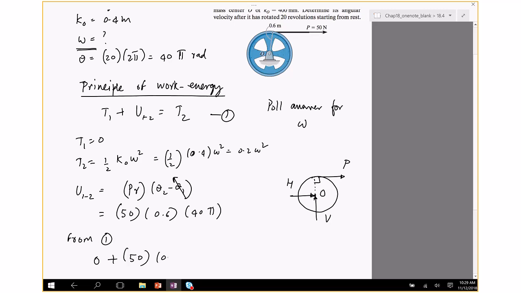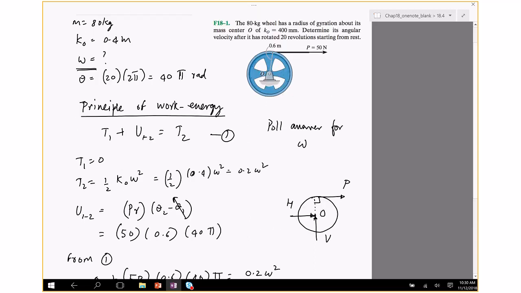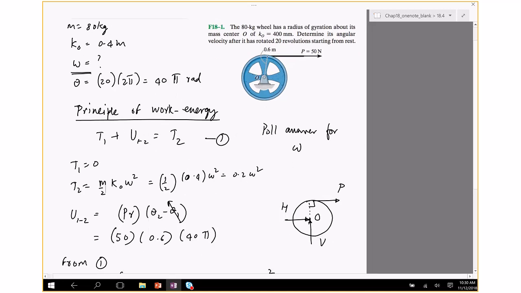Something wrong? I'm forgetting the mass. Yes, there is a mass here. So it's 80 by 2.